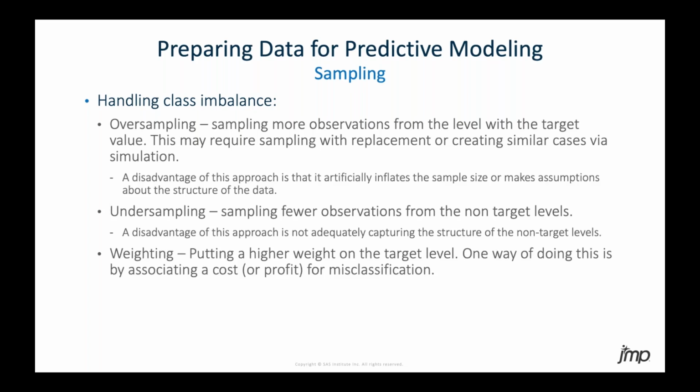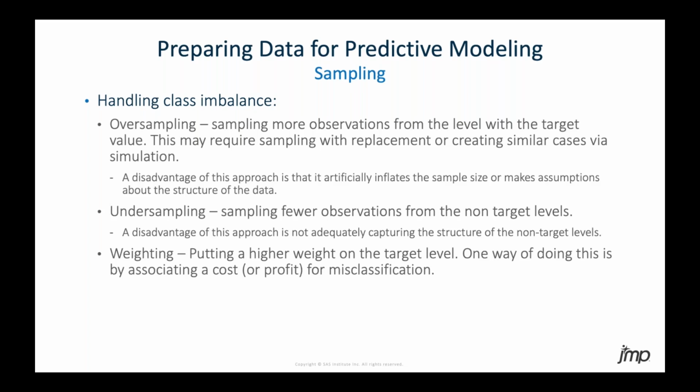A third approach, and this is good when it can be implemented, is to put a higher weight on the target level. One way this is often done is by assuming that there is some cost or profit associated with misclassification. For example, I know how much a mailing costs in my direct mailing. I know how much, let's say, the average or median donation is. I can assume that if I misclassify a donor as a non-donor, I'm going to lose some measure of the donation, let's say the average, just to be simple.